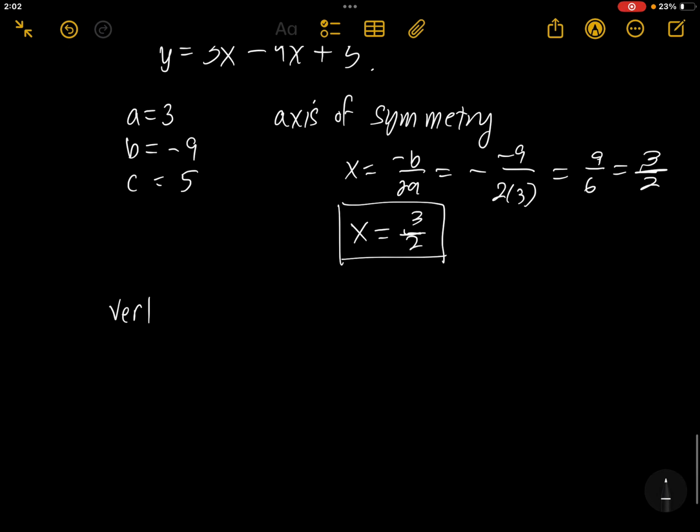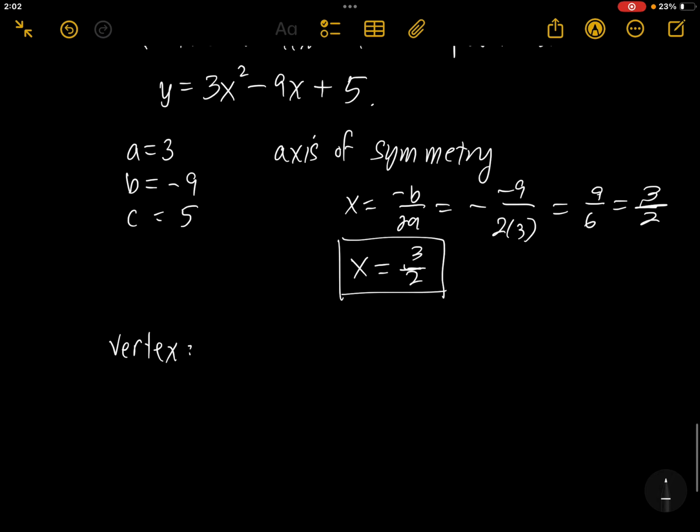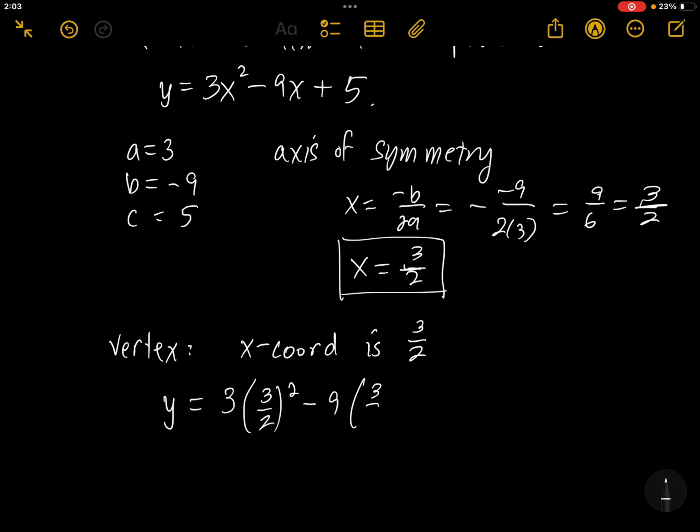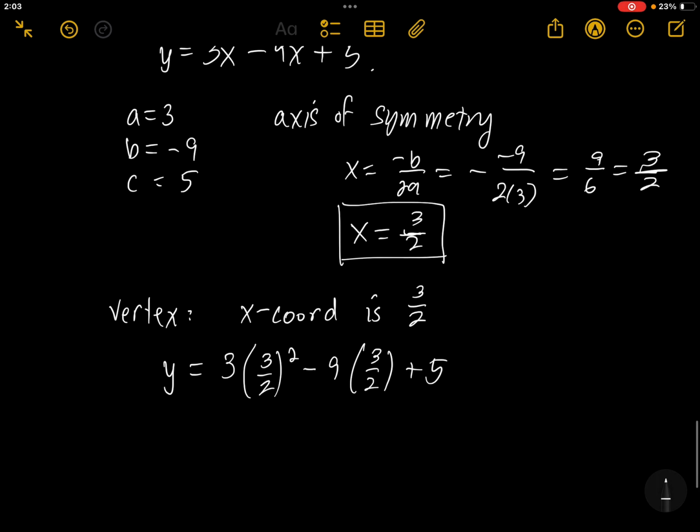Then for the vertex, we know that the x coordinate is 3 over 2, and now we plug it into the equation to figure out what the y coordinate is. 3 times (3 over 2) squared minus 9 times 3 over 2 plus 5.